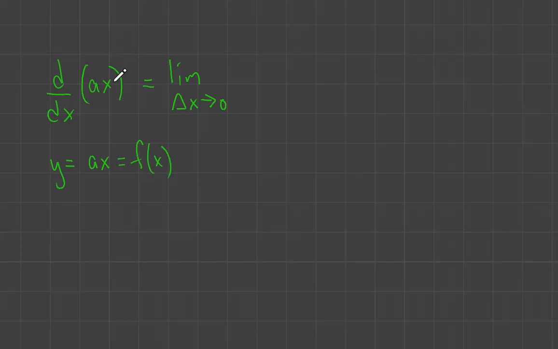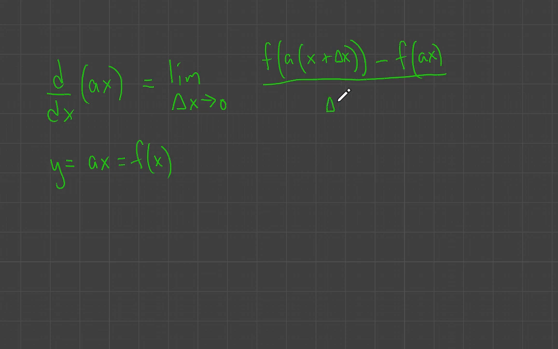So what we're saying here is that the limit as delta x goes to 0 of that function, a times the variable, the thing that varies, is going to be that bit, and we're subtracting the initial condition, which is just ax, and that's over delta x.